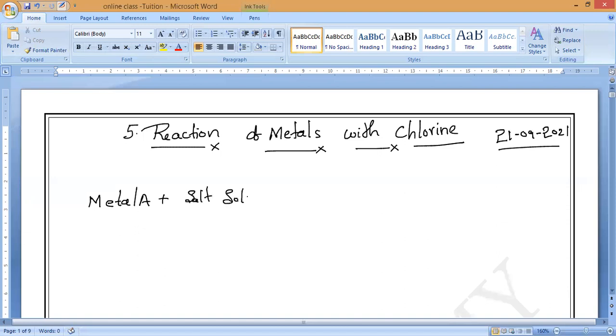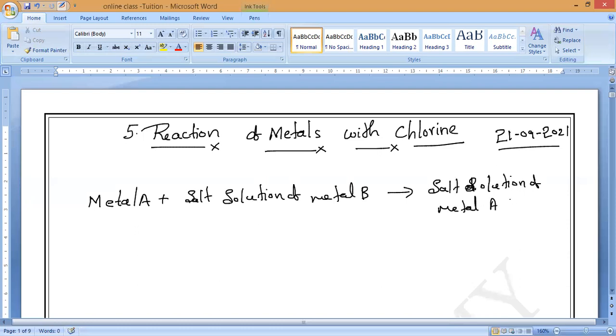So, the salt solution of metal B. What should we get? The salt solution of metal A plus metal B. Not hydrogen gas, that is different.